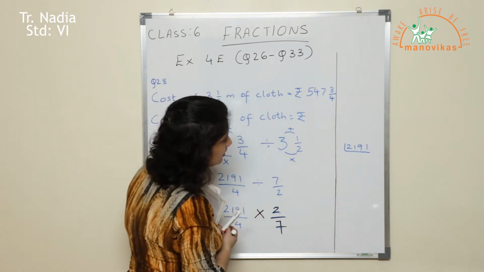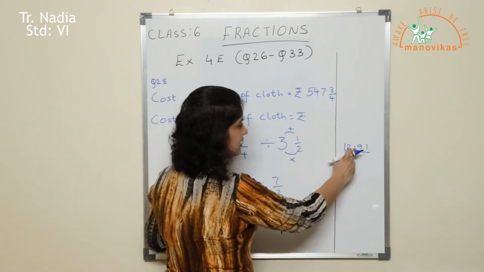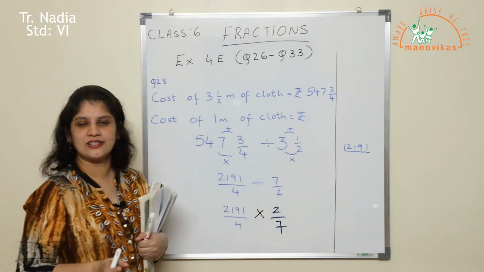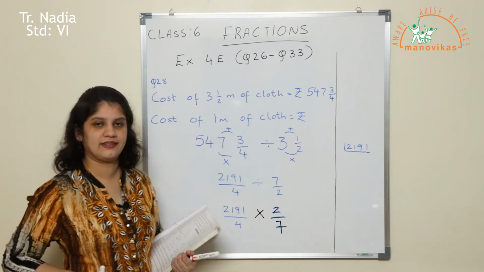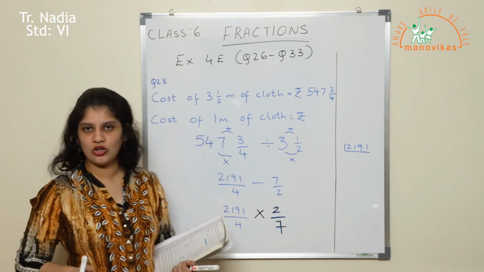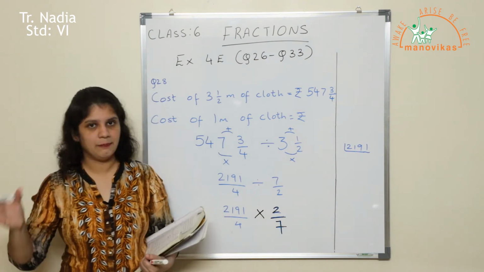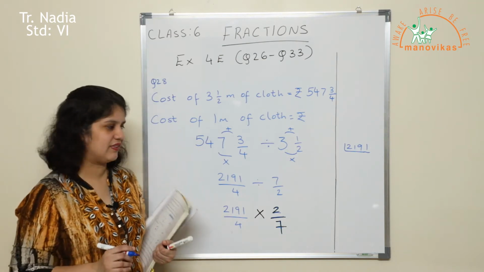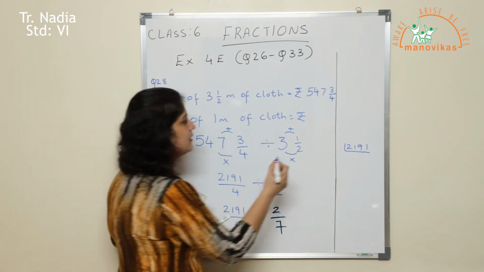The 3 table also cannot be used because the total of these digits, 2 plus 1 is 3, 3 plus 9 is 12, plus 1 is 13. 13 does not come in the 3 table. The 5 table also cannot be used because 5 is only used when the number ends with a 0 or a 5. So next I will try the 7 table and I feel I can use the 7 table to factorize this.